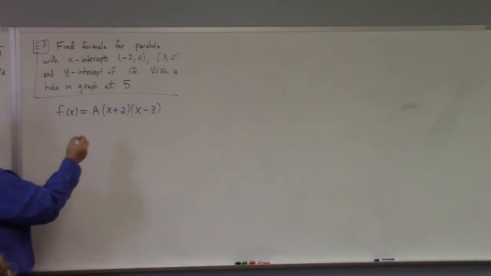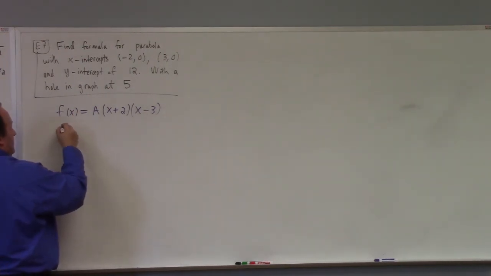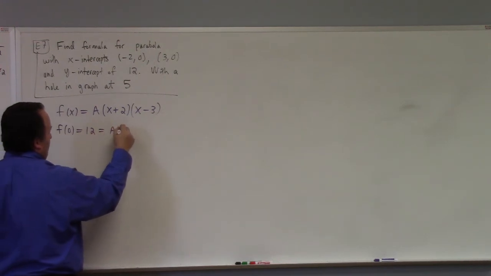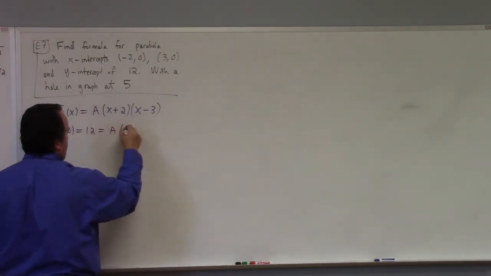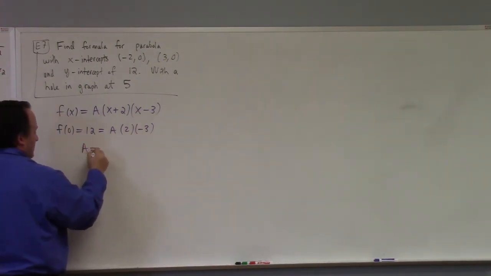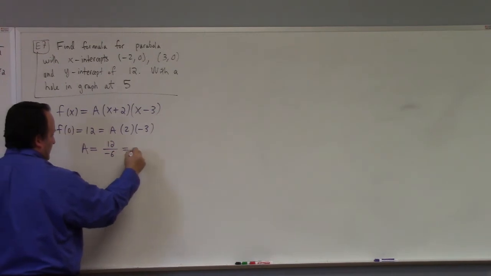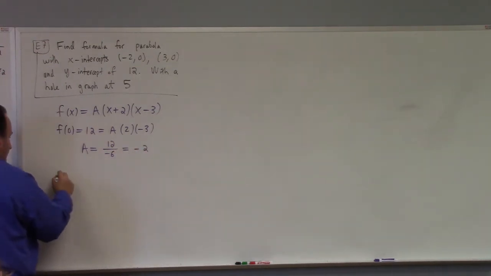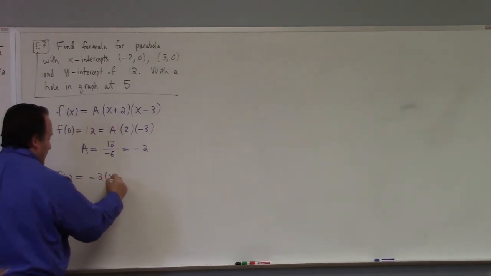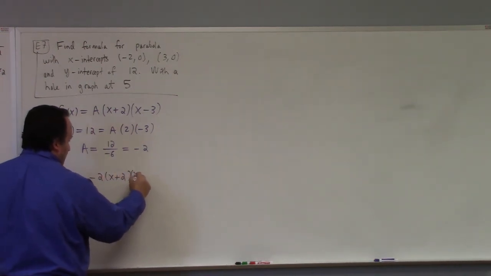So we need f of 0 equal to 12, but that's a times what? 2 times -3, right? So apparently a is equal to 12 over -6, also known as -2. So we get f of x is equal to -2 times x plus 2 times x minus 3, right?